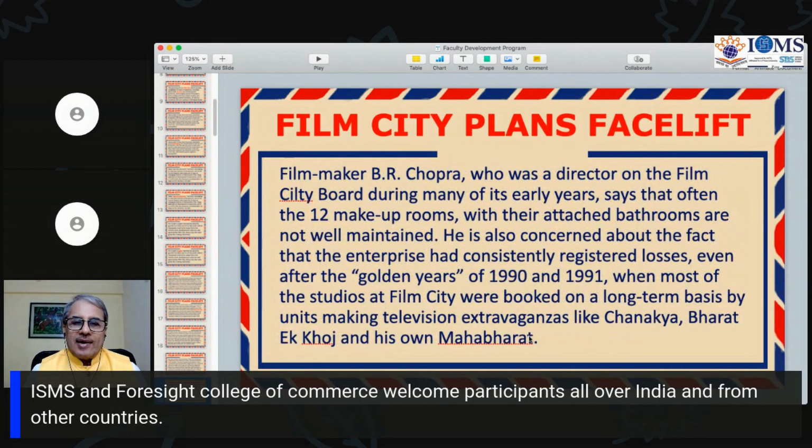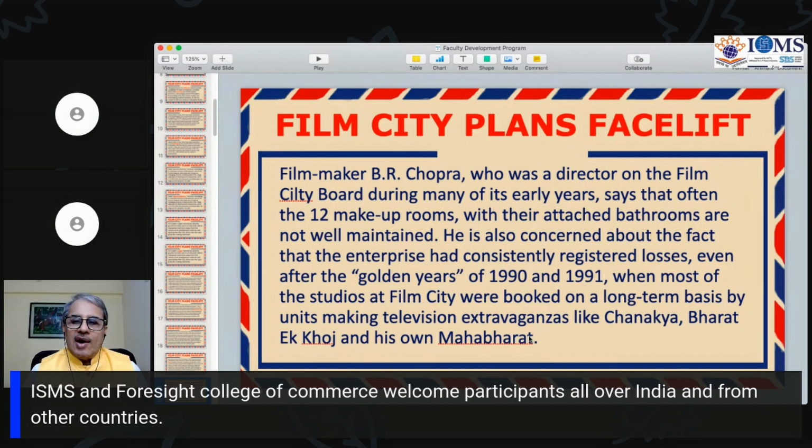All right. Now the next paragraph. Filmmaker B.R. Chopra, who was a director on the Film City Board during many of his early years, says that often the 12 makeup rooms with attached bathrooms are not well maintained.